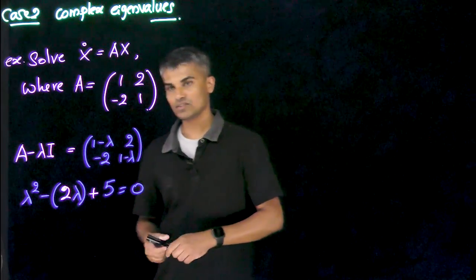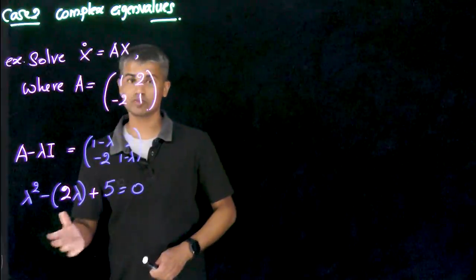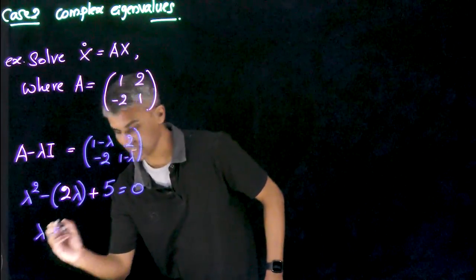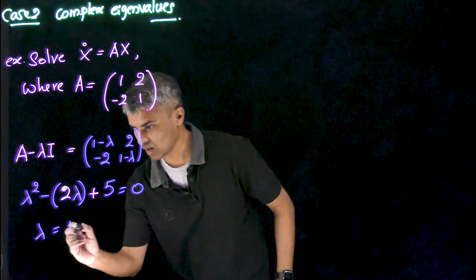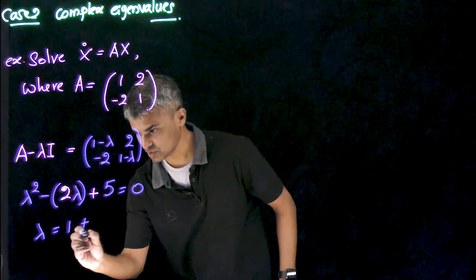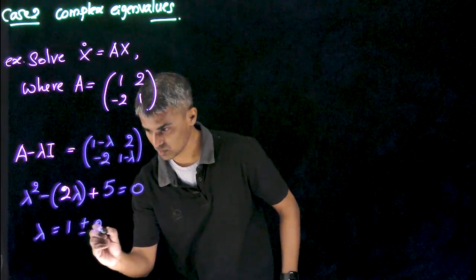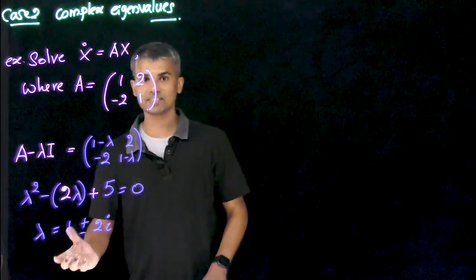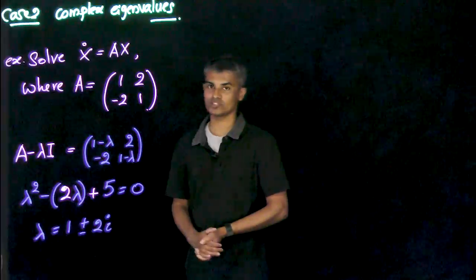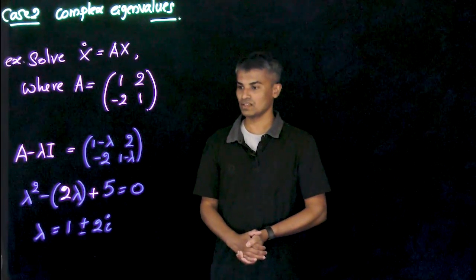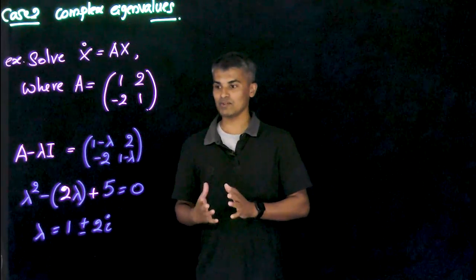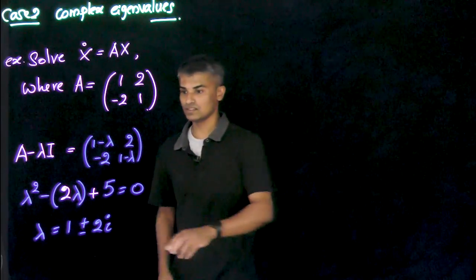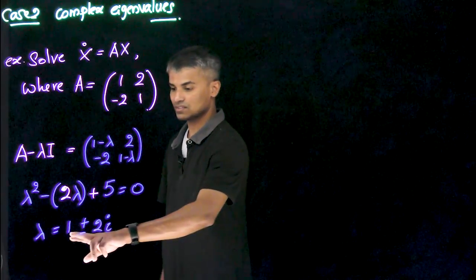Now if you want to find the lambda values, you could use the quadratic formula, and if you do that, you should get lambda equals 1 plus or minus 2i. In other words, now we have complex solutions for the eigenvalues, and whenever we have complex eigenvalues, they come in pairs, so conjugate pairs.